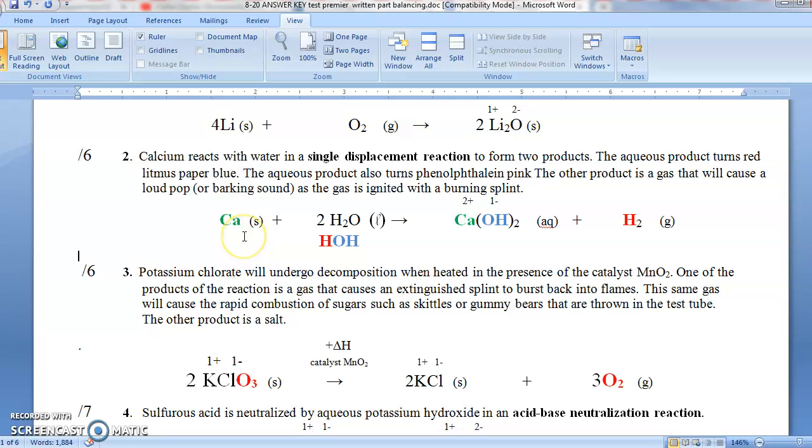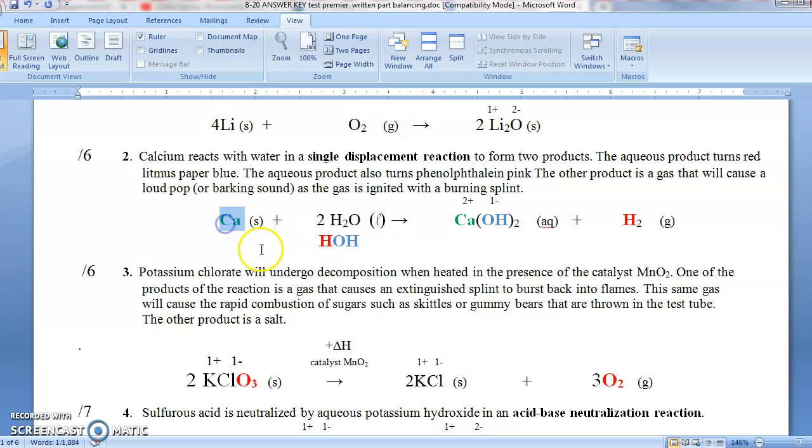Very first day we started this unit, we said there are reactions you simply have to know. In a single displacement or replacement reaction, if we have a metal here, metals will always replace the first thing written in a compound. So in this single displacement reaction, calcium is going to replace a hydrogen. H2O can also be written HOH.